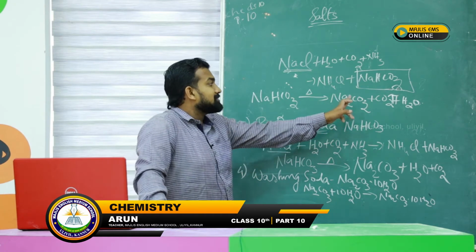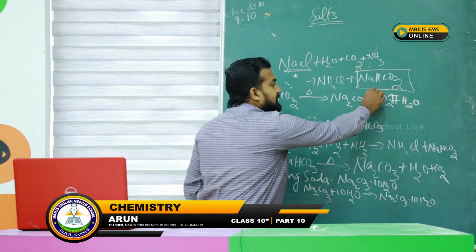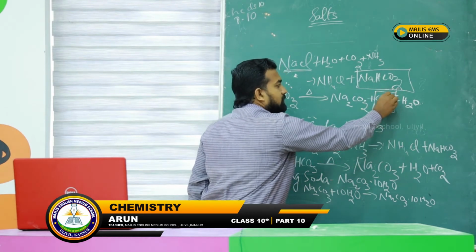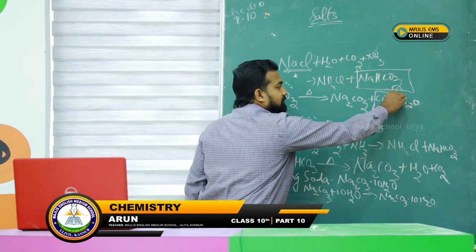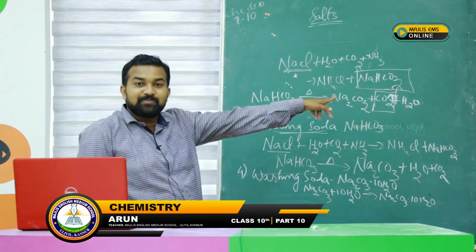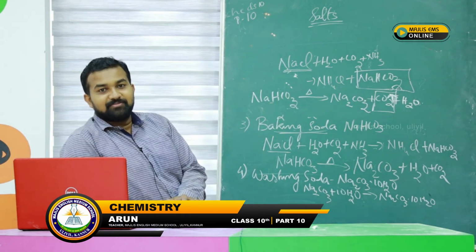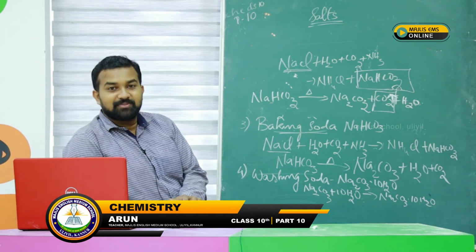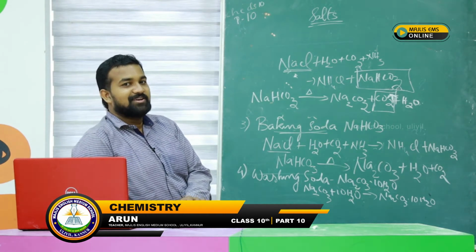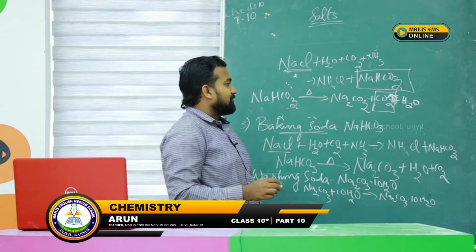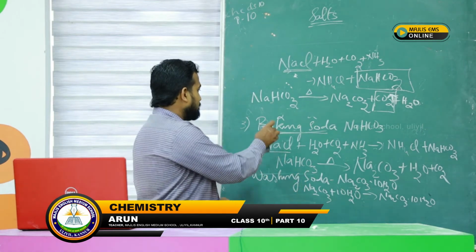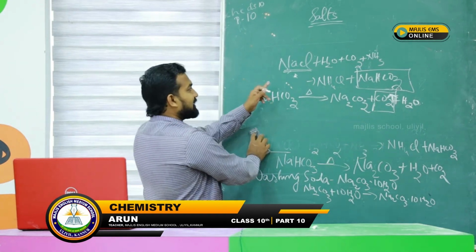Okay, so this carbon dioxide gas produced is the major part. It is the one making the cake softer, spongy. Who? Carbon dioxide gas. So the preparation is clear.